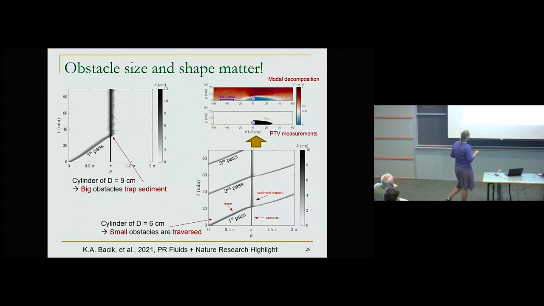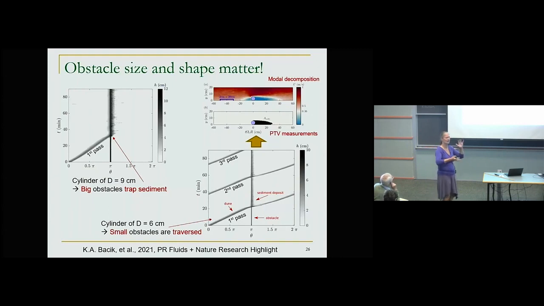And then my student, Carl, did a modal decomposition. He looked at the different kind of signatures that are hidden inside of the flow. Based on that, we got a prediction on whether a dune of a certain size is able to pass. We tested it for 15 different cases, and it worked perfectly.